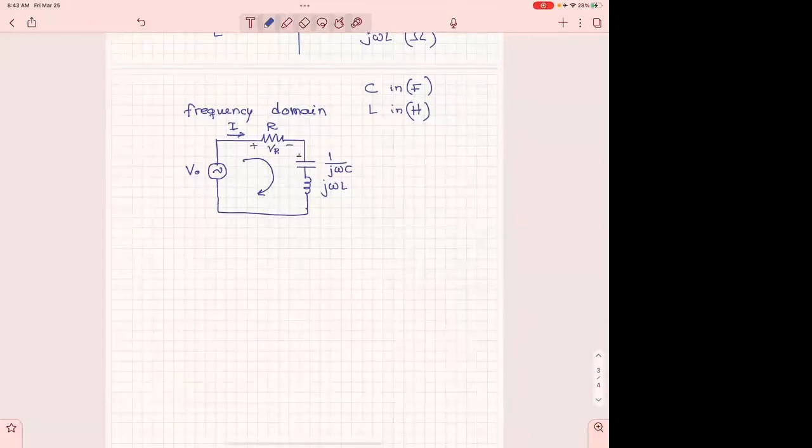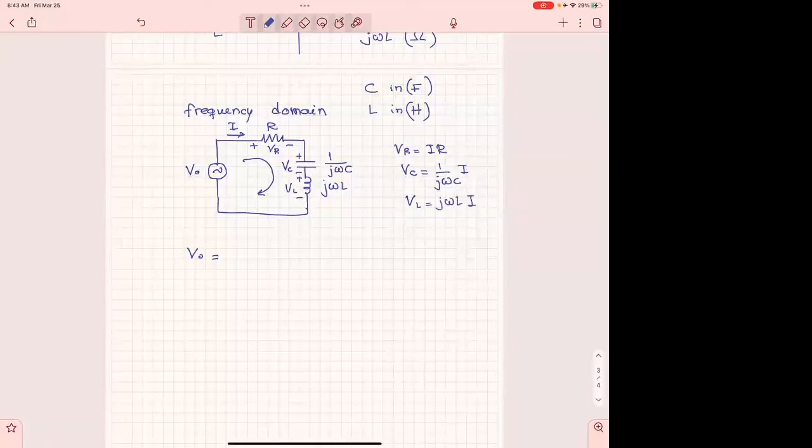VR, VC, VL, and then V naught will be, VR first of all, is IR, V sub C will be 1 over j omega C times I, V sub L will be j omega L times I, and therefore V naught will be IR plus 1 over j omega C times I plus j omega L times I.